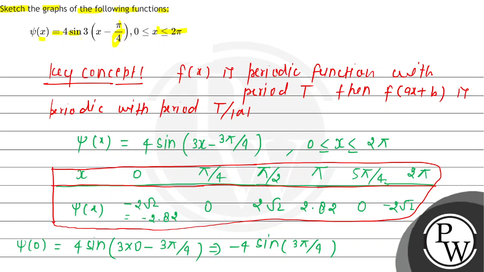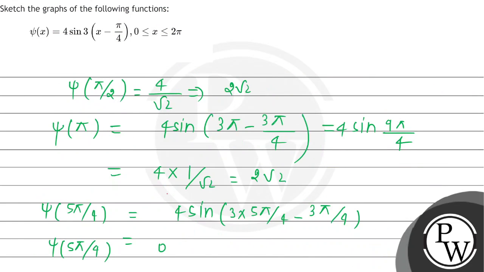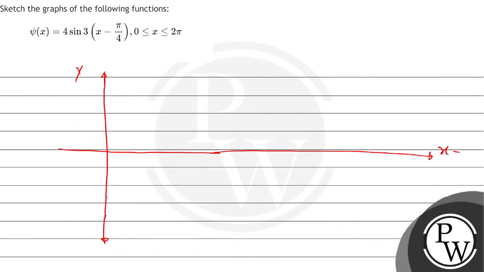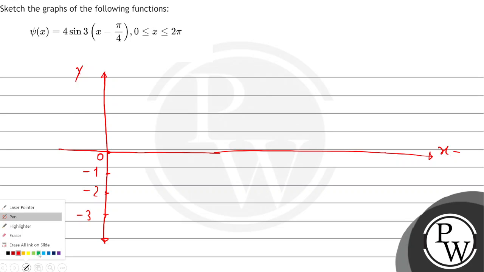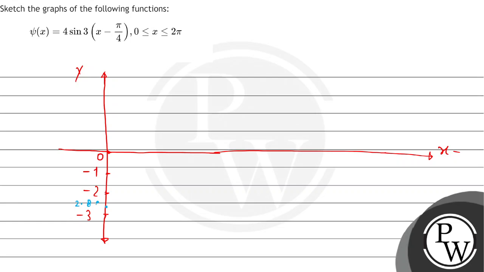At x equal to 0, value was minus 2.82. So value of y was minus 2.82. Suppose here 0, this is minus 1, this is minus 2, and this is minus 3. तो 2.82 कहाँ होगा? 2.82 हमारा यहाँ कहीं होगा. This is the point, 2.82.